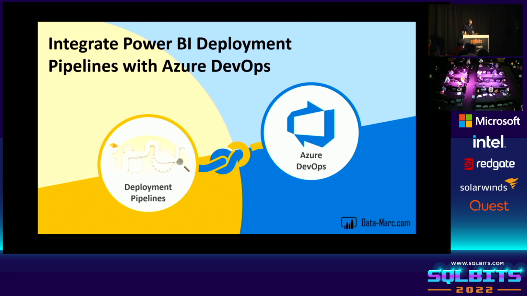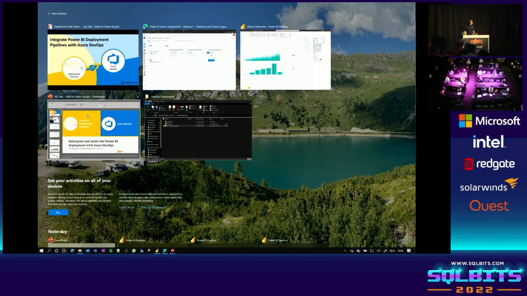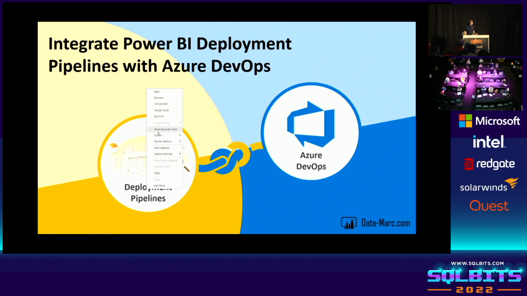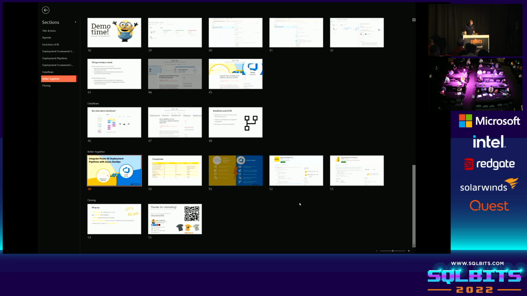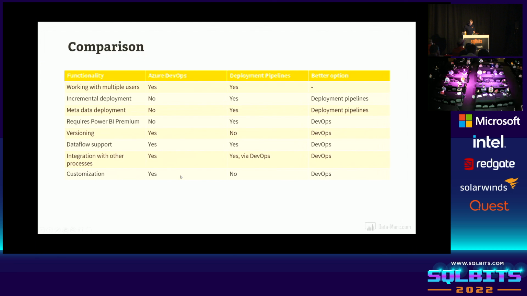For the sake of time, I'm going to skip over some of these slides and move to the most relevant one in this case, which is this one. A quick comparison between both. As you can see, in most cases, I prefer to use DevOps over only using the deployment pipelines.